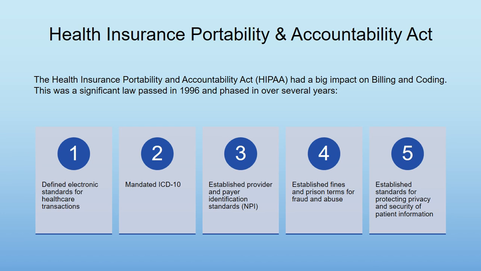It mandated the requirement for provider identification numbers, NPI numbers, and also UPINs for insurance companies. It established fines and prison terms for fraud and abuse. And it established standards for protecting the privacy and security of patient health information. Sometimes you see that as PHI, protected health information.